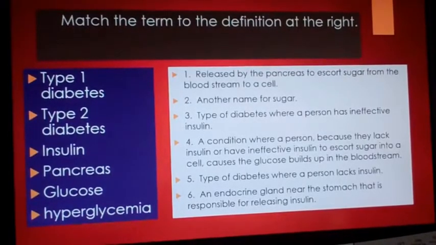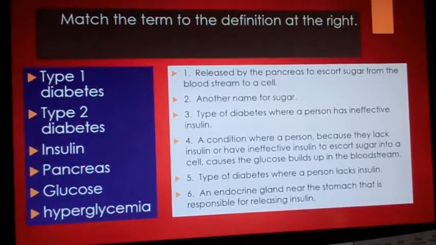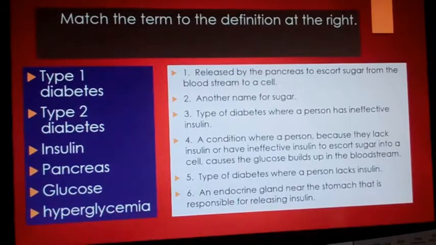Released by the pancreas to escort sugar from bloodstream to a cell. Number 2, another name for sugar. Number 3, type of diabetes where a person has ineffective insulin.